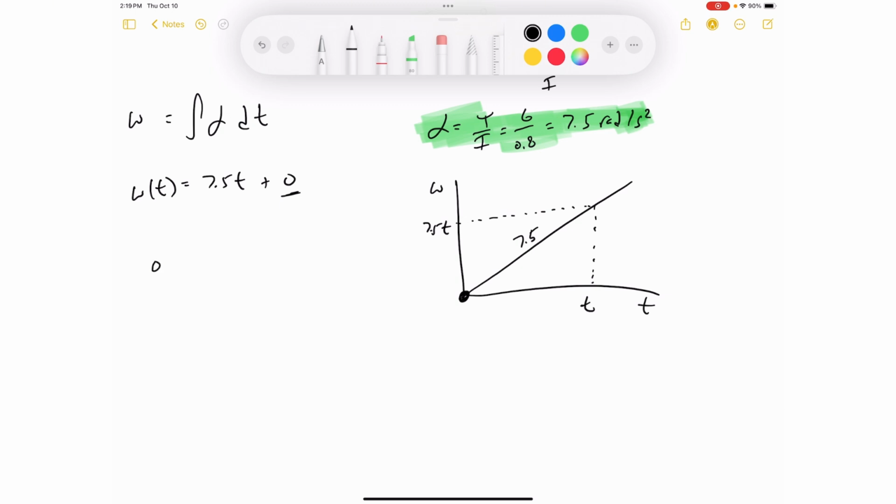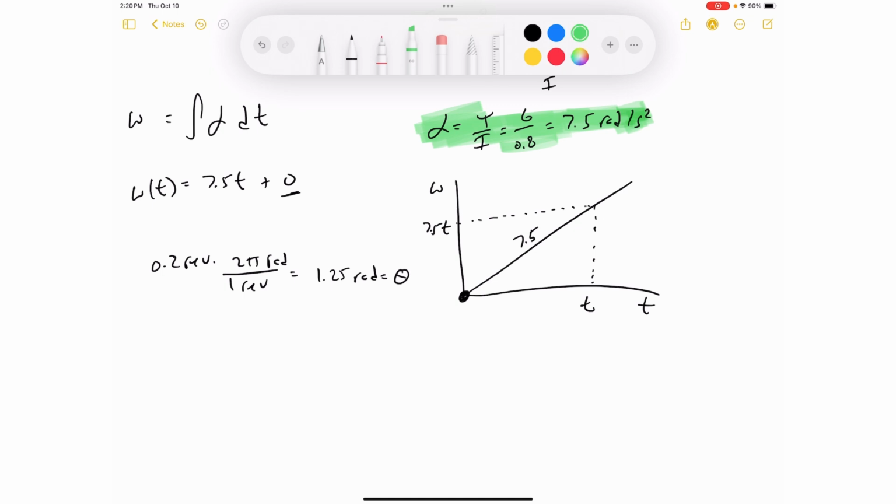So 0.2 revolutions times 2 pi radians per revolution, and if you do the math, you'll end up with 1.25 radians. That's how far we displaced. That's our theta. Think of theta as how many degrees, how many revolutions did you go.